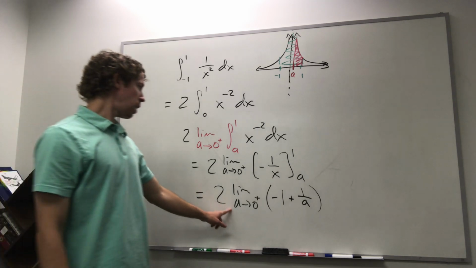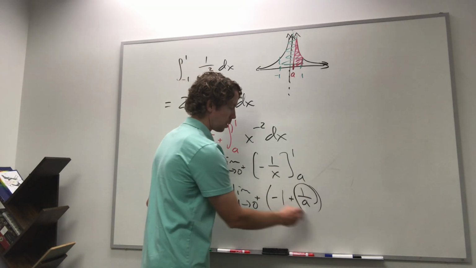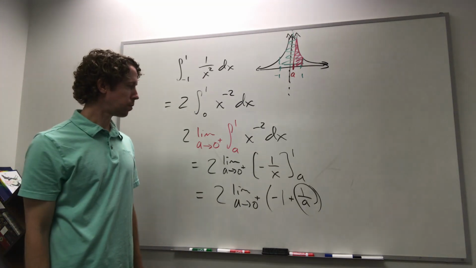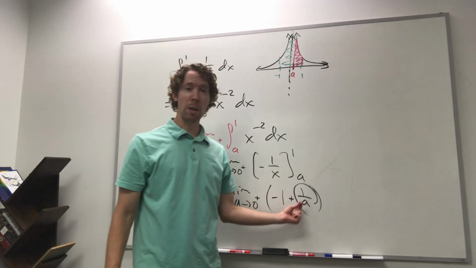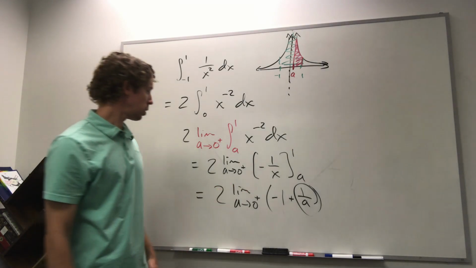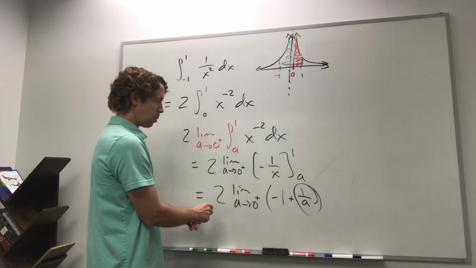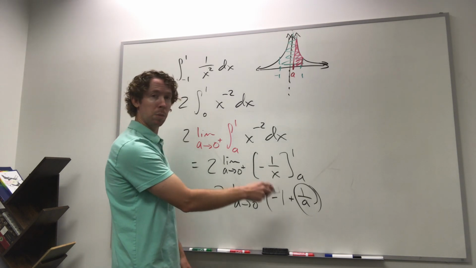As a goes to 0 from the right, what's happening to that fraction? As the denominator shrinks down to 0, this is getting infinitely large. So this is 2 times negative 1 plus infinity.